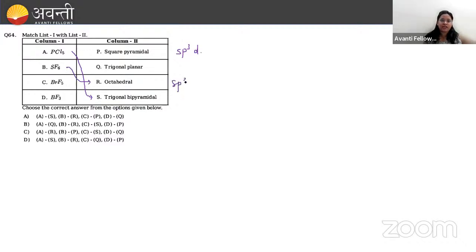That is sp3d2. Next, BrF5. When we talk about BrF5, its hybridization is also sp3d2, okay, but the shape of it is square pyramidal.